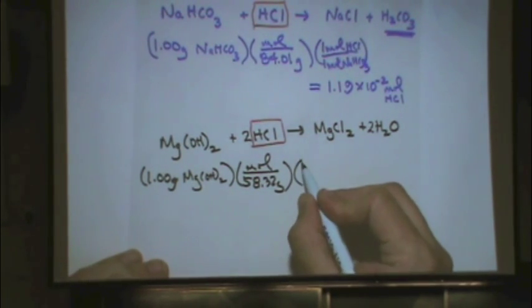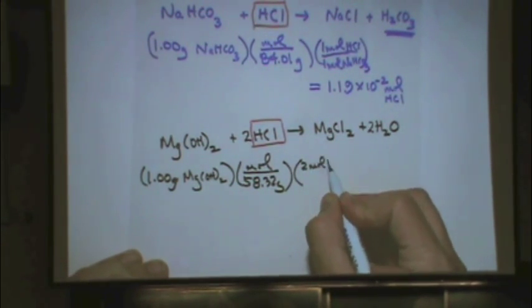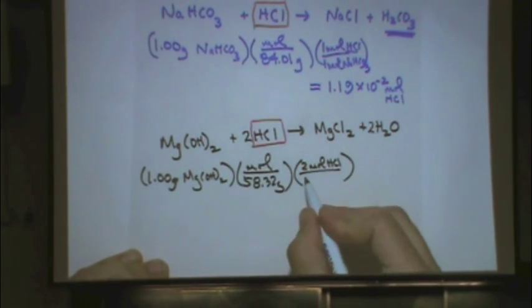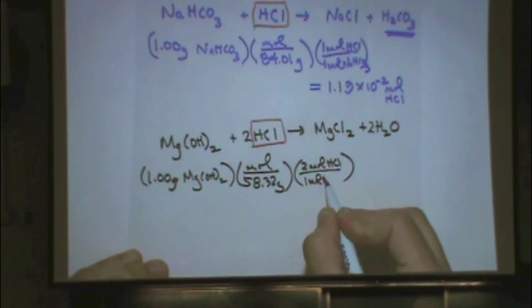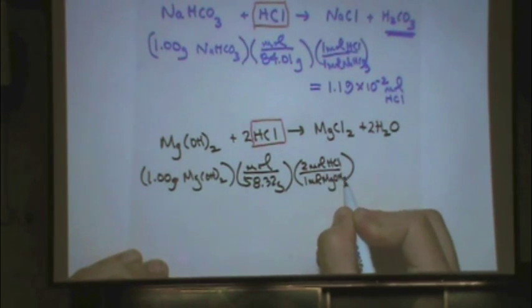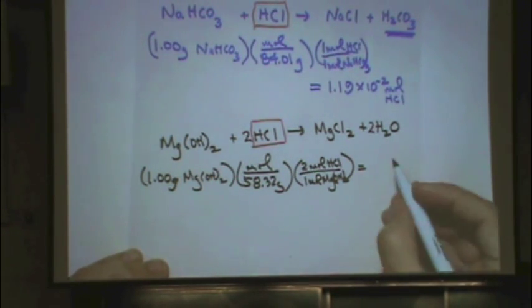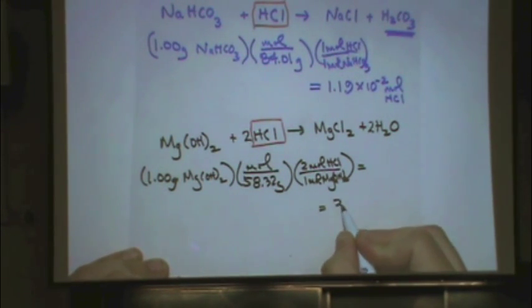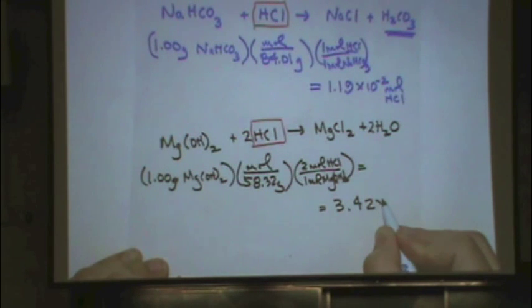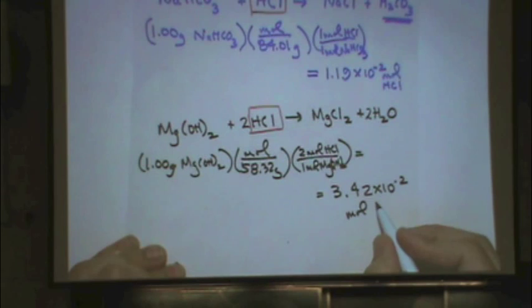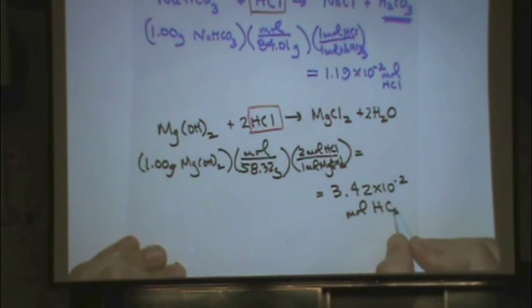And now our molar ratio is a little different for this one. It's 2 moles of HCl, because there's a 2 in front of the HCl, per 1 mole of MgOH2. So this will give me moles of HCl just like above. This is 3.42 times 10 to the minus 2 moles of HCl.